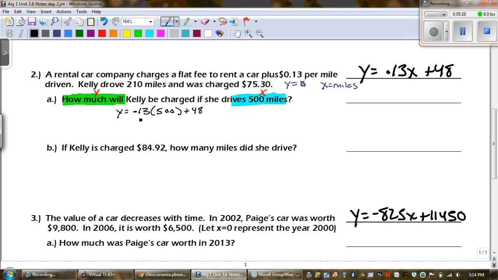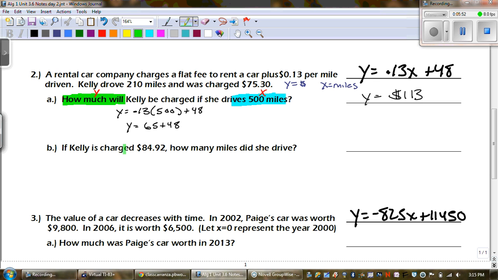All right, you should get 65. Then 65 plus 48 would cost us $113. So if you rented a car and drove 500 miles, you would have to pay $113.